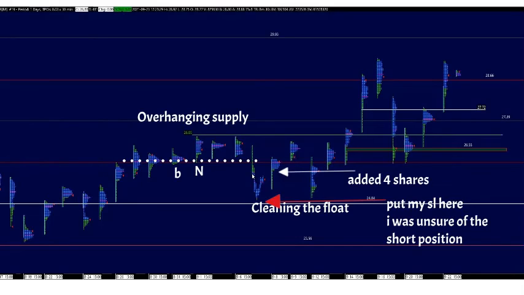I added four more shares to it, and I set my stop, because at this time I was pretty uncertain on where the short position was because I didn't have enough market generated information. In my mind I thought somebody's trying to get control over all the inventory. And I set my stop right below where that white level is. And that's that. I hope this helps explain this second part of my trade. Later.